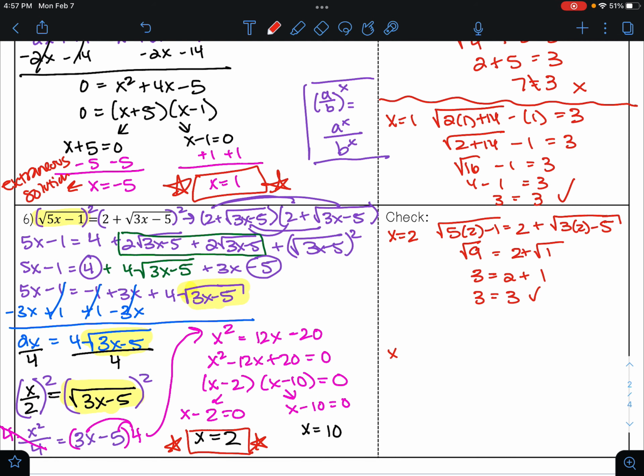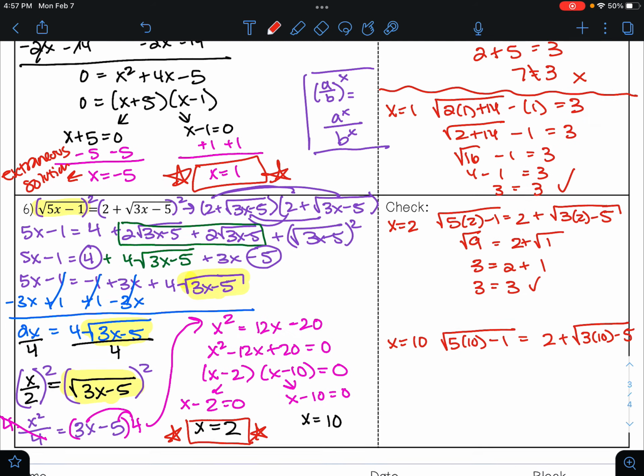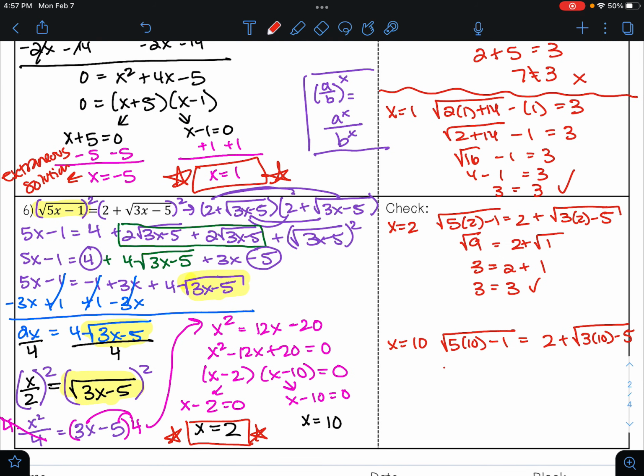Now let's check x equals 10. So we'll have the square root of 5 times 10 minus 1 is equal to 2 plus the square root of 3 times 10 minus 5. 5 times 10 is 50. 50 minus 1 is 49. 3 times 10 is 30 minus 5 is 25.